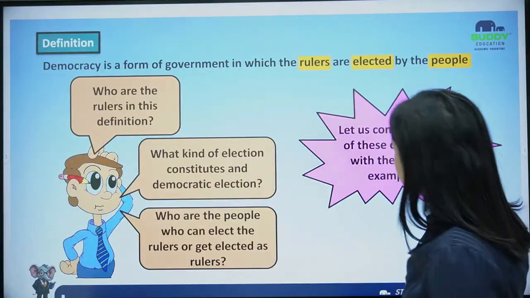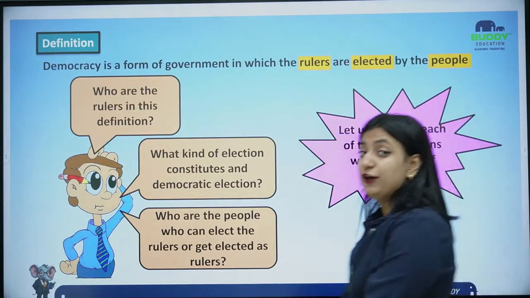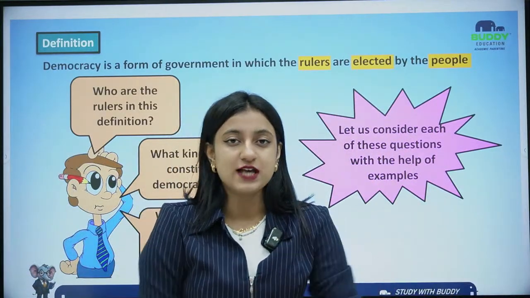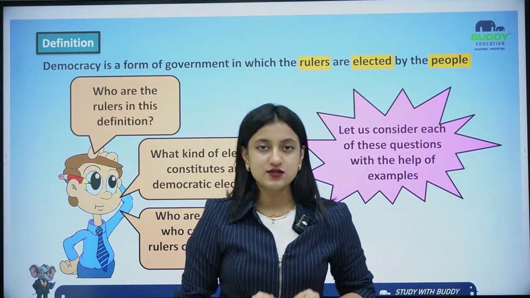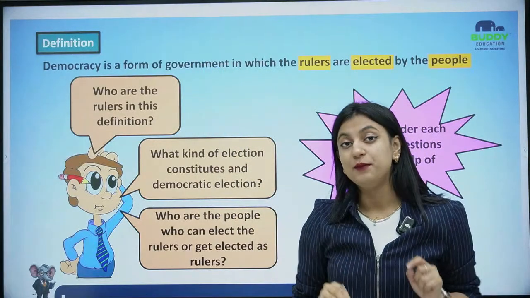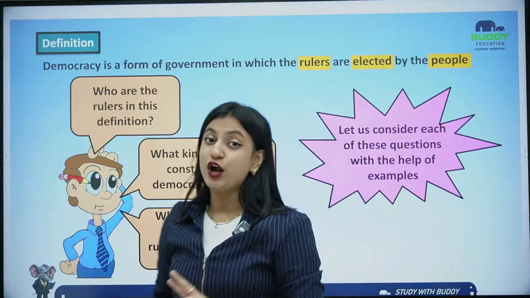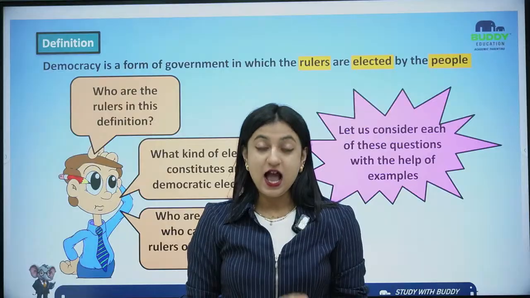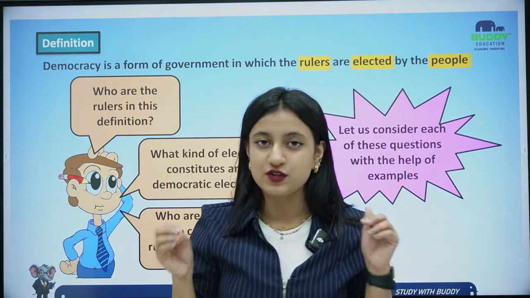Democracy is the form of government in which rulers are elected by the people. If you remember my French Revolution class, or have seen the shorts and reels on the Buddy Education channel, you must have understood that these keywords are what your definition is all about, and your marks will depend upon them. I have told you n number of times to always focus on the keywords.